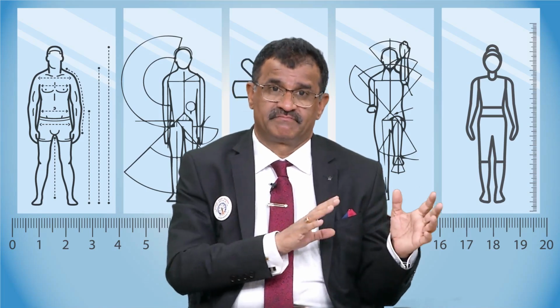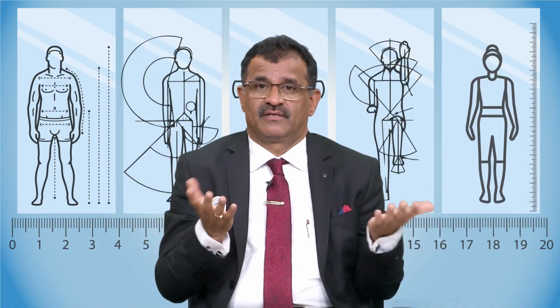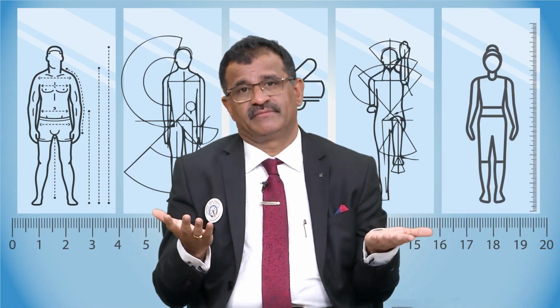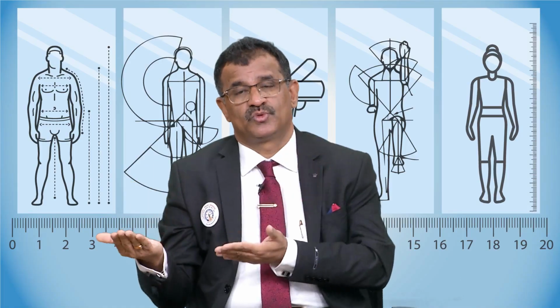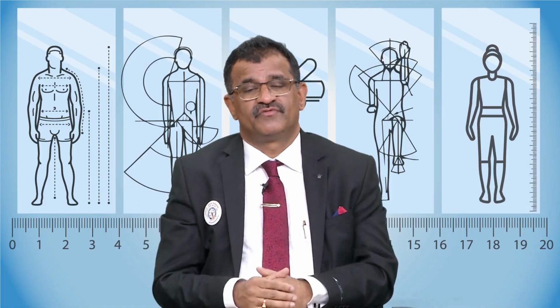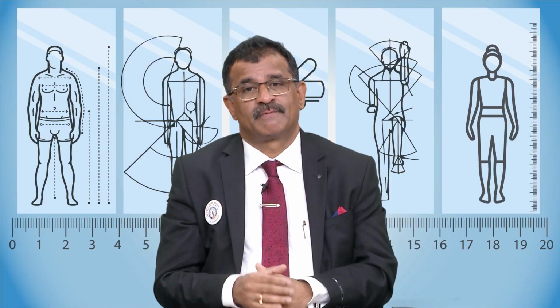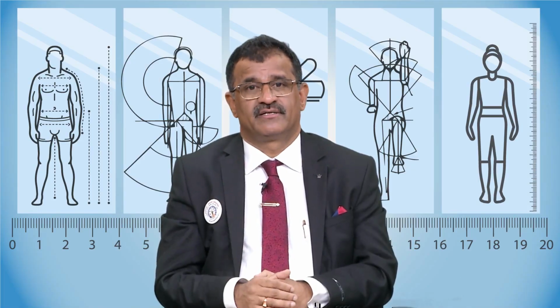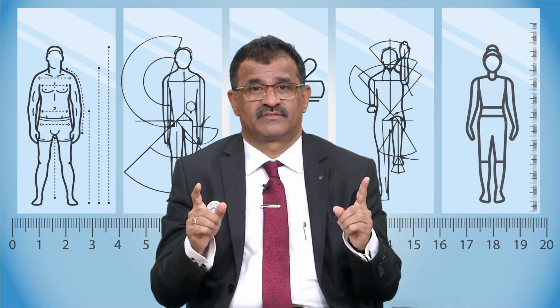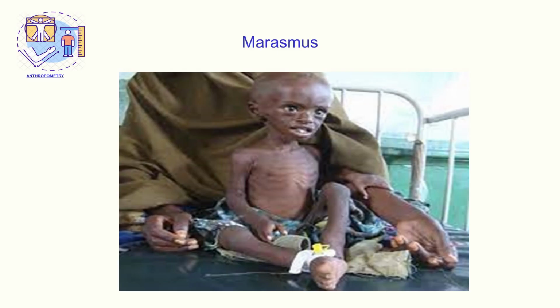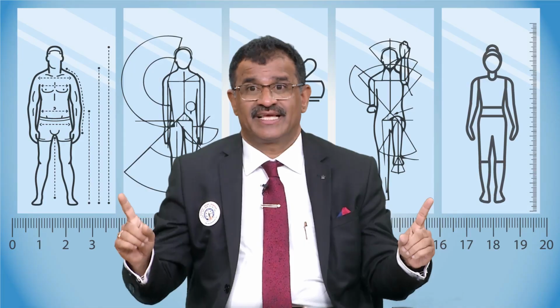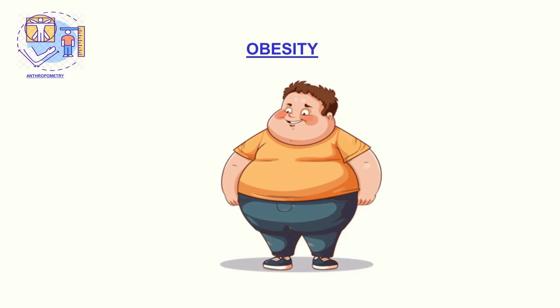If thinness is not corrected at the right time, it will lead to a dangerous condition, which we saw through the previous image in a child, called marasmus. So, one side is marasmus and the other side is extreme obesity.